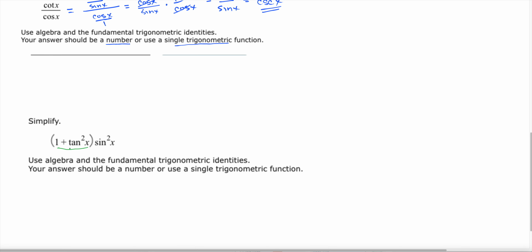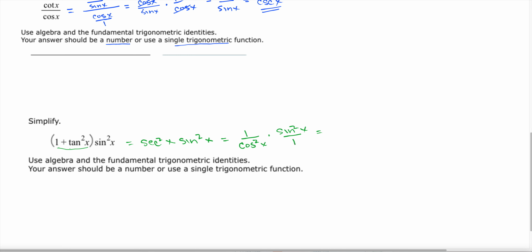So that means I can replace 1 plus tangent squared x with secant squared x. Okay, so now from there, I can think, okay, I can rewrite secant in terms of cosine. So secant squared x is the same as 1 over cosine squared x times sine squared x.